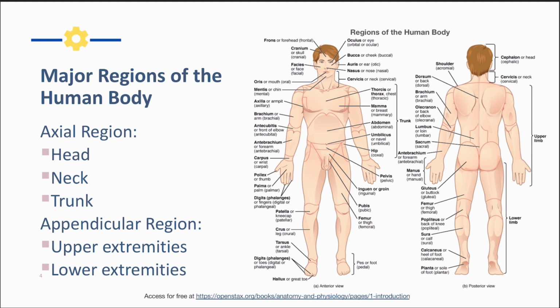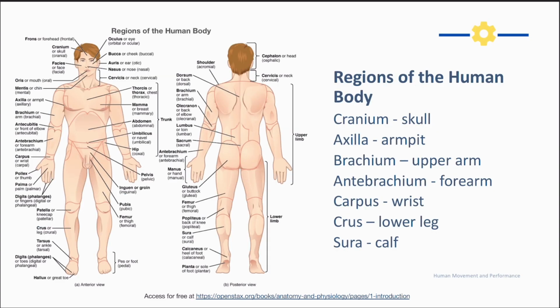Some of the terms on here that I think are important are related to these segments of the different limbs. When we look at some of the regions of the human body on this image, obviously the cranium is the skull. The axilla is a term that's used frequently. That's for the armpit. The brachium is the term for the upper arm. The antebrachium is the term for the forearm. Now, a lot of times people will use brachium and then forearm, so they mix them.